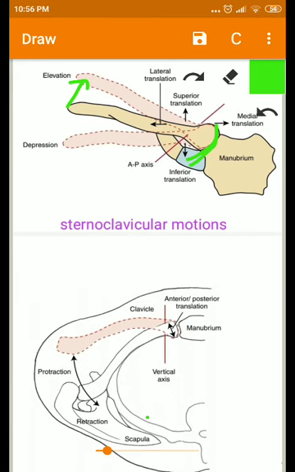So though that is the maximum magnitude of arm elevation, we are not using such a degree of elevation during normal functions.